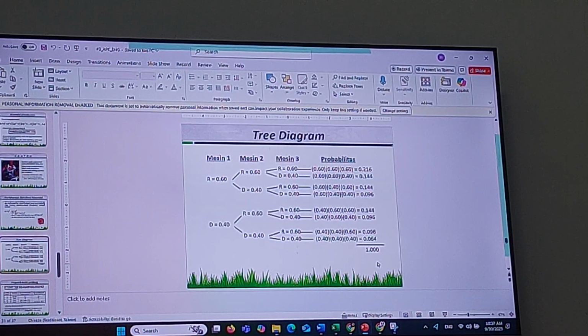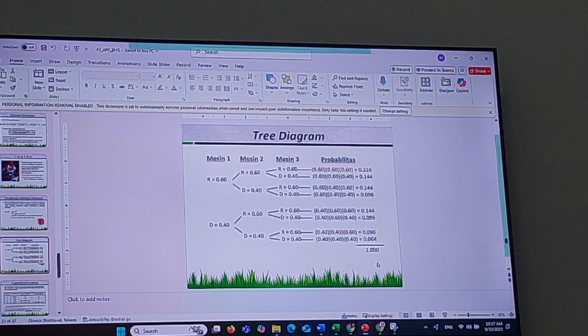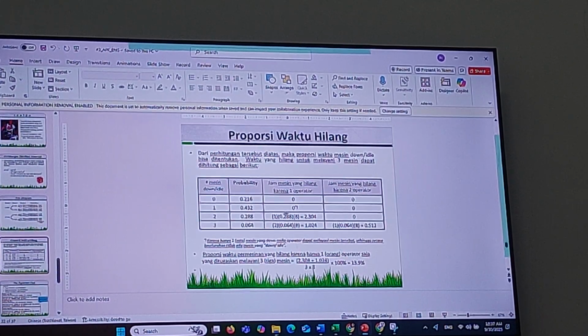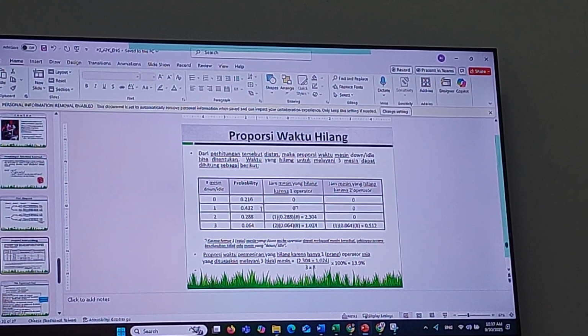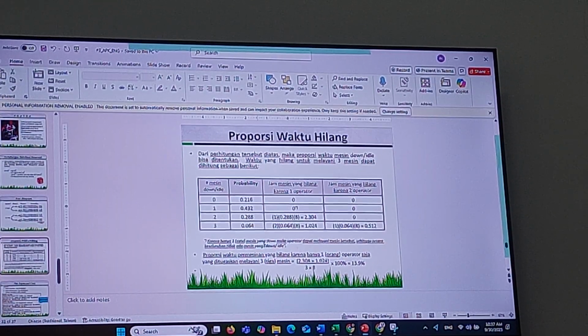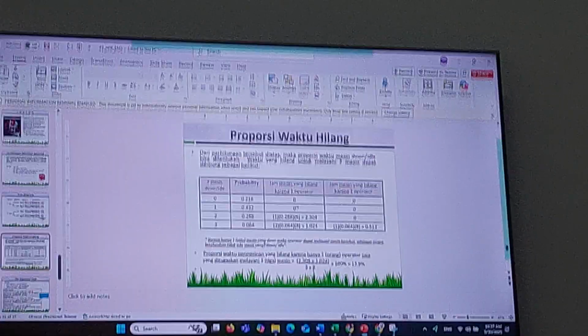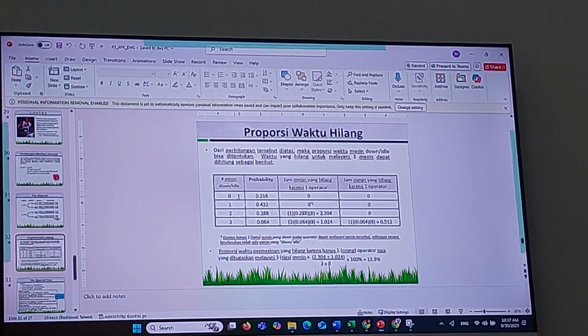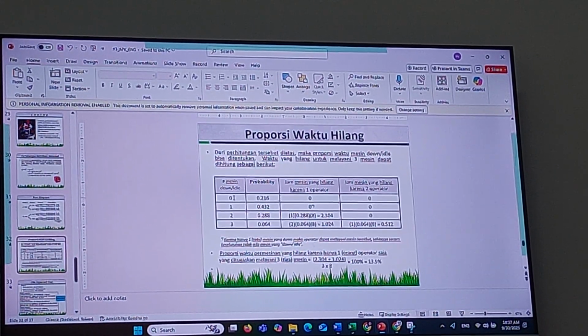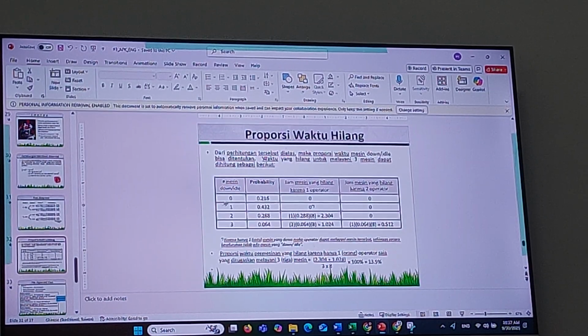Okay, and then we try to calculate the probability for the machine time, because sometimes all of the machines are running, no idle.